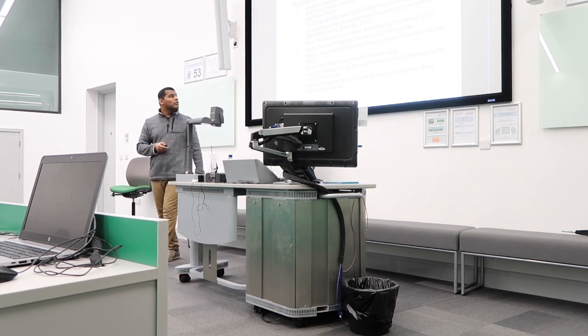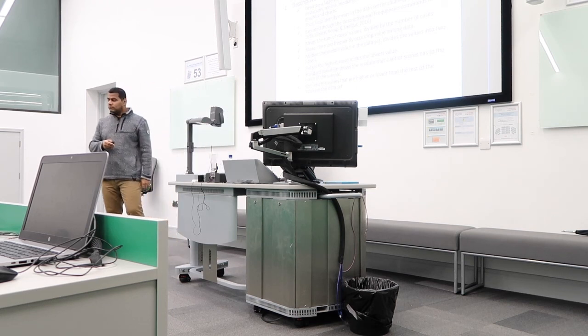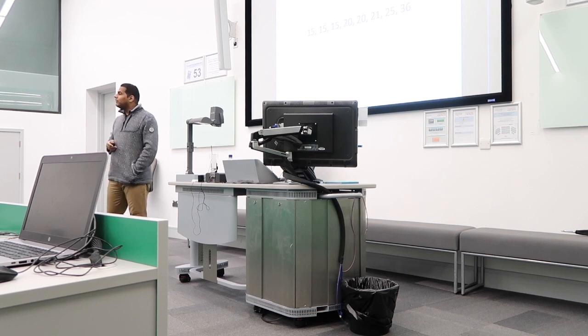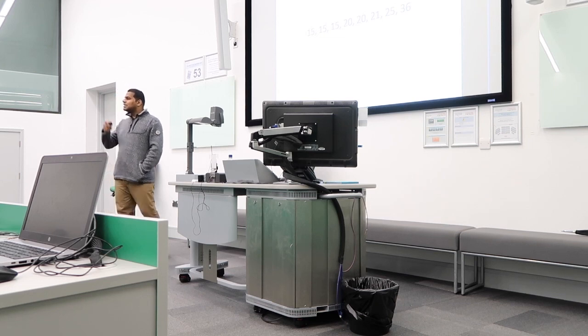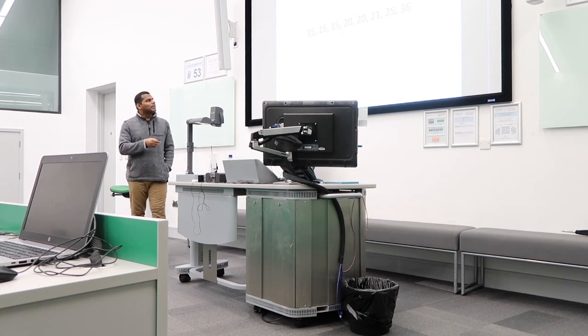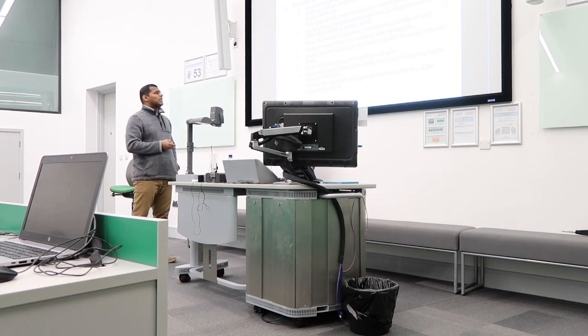Mode. The most frequently occurring value. What's the most frequently occurring value here? What's the number that is most repeatedly happening? 15, 15 and 15. 3 times. So the mode is 15.